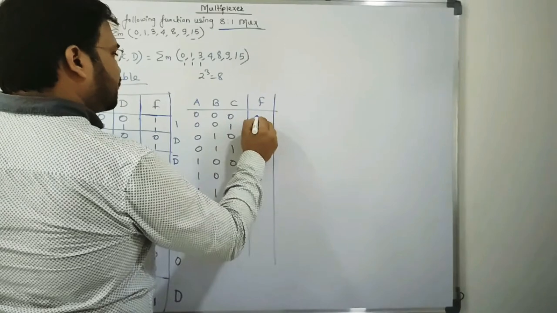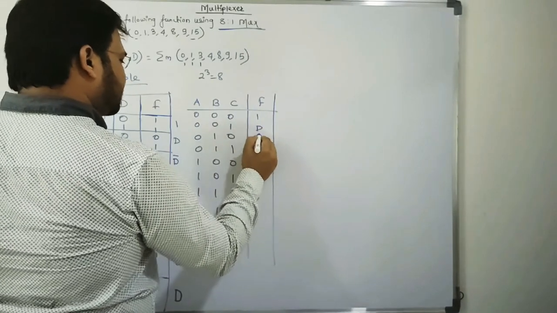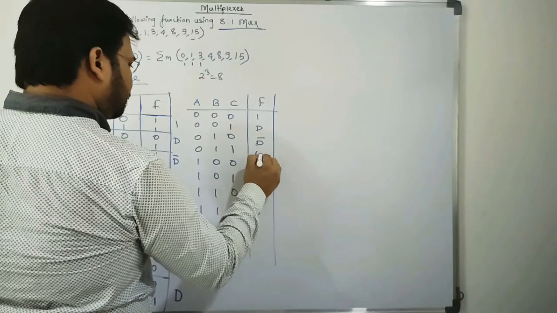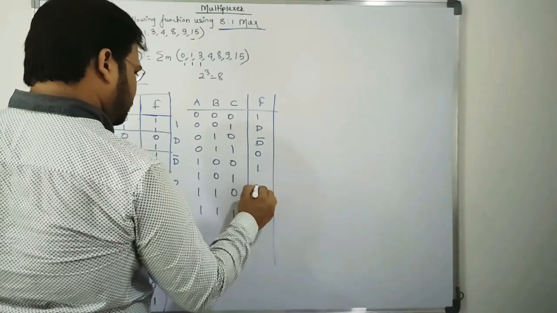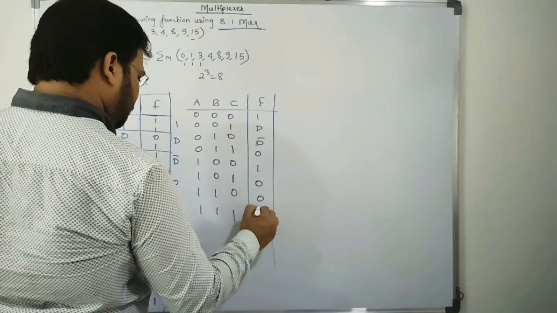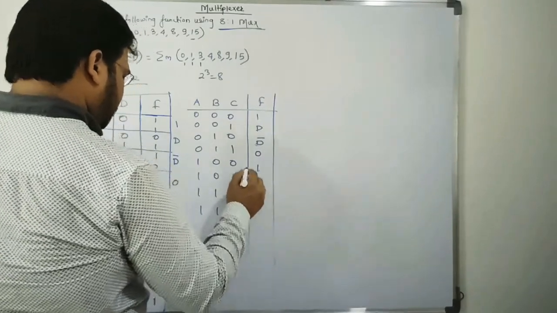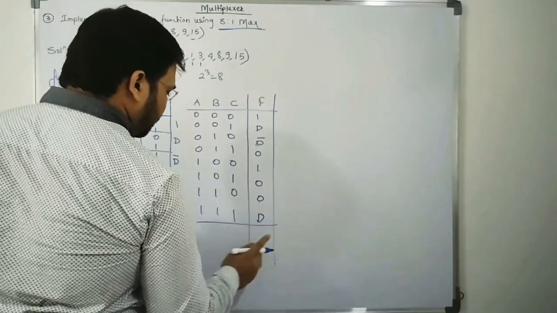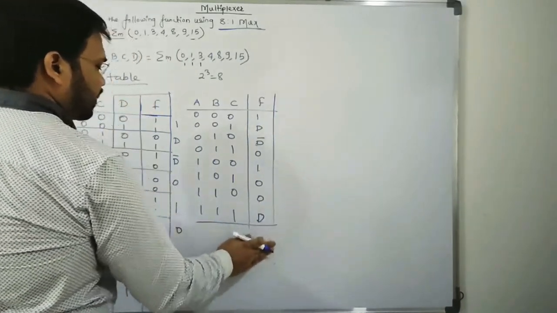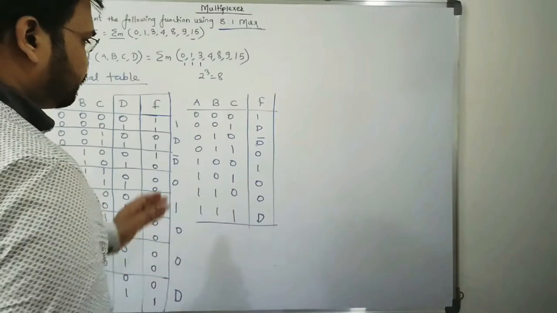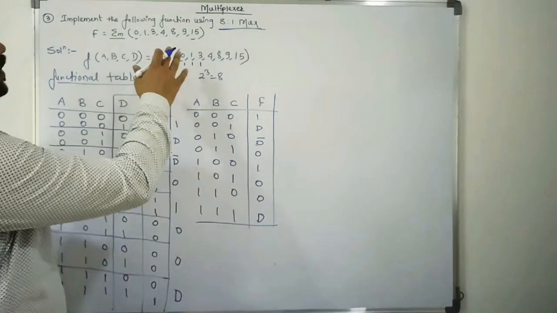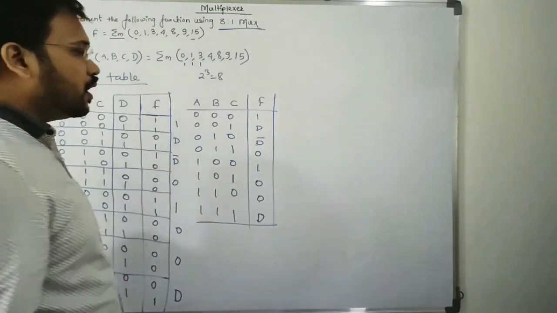So here the first is 1, the second is D bar, next is 0, then 0, and here 1, 0, 0, and here the term D. Okay, so in this way we can convert it from 16 to 8. After that we have to implement the following by using 8:1.